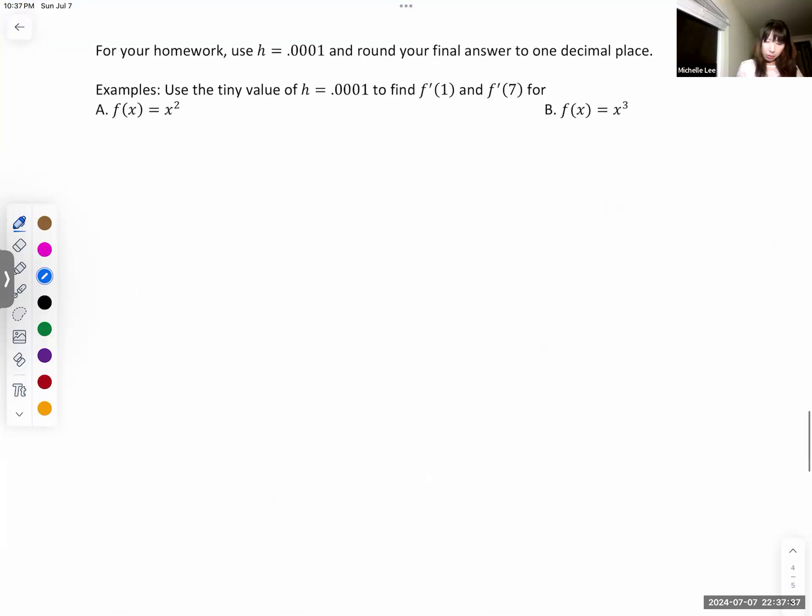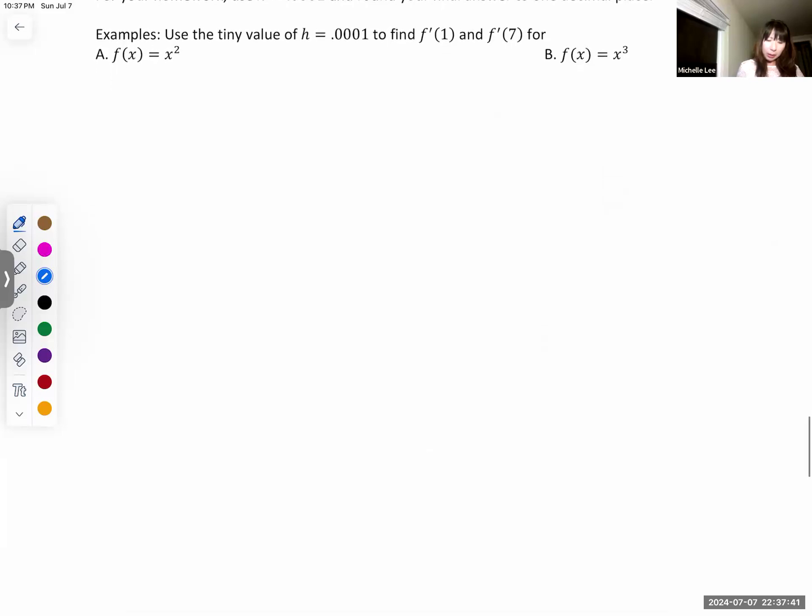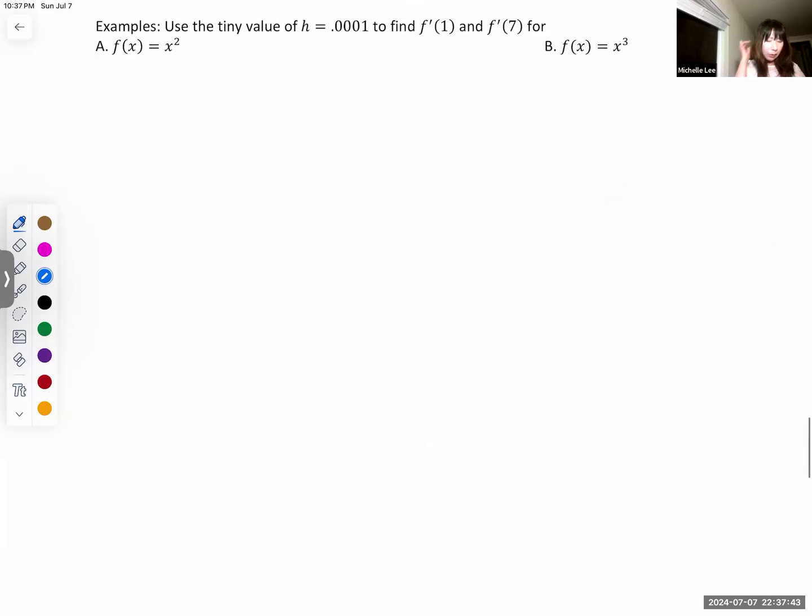All right, so example, use tiny value for h equal to 0.0001 to find f prime of 1 and f prime of 7.